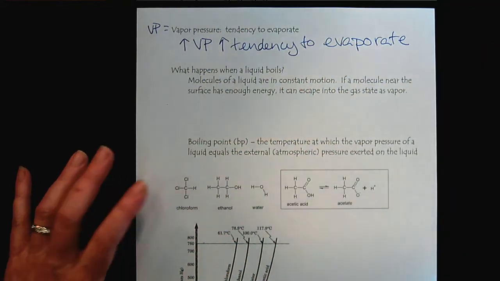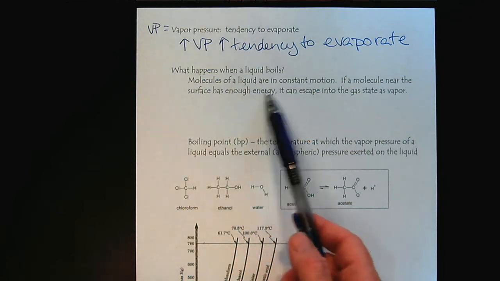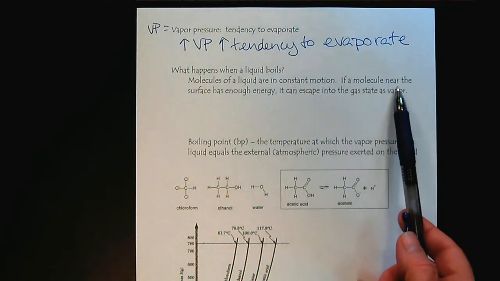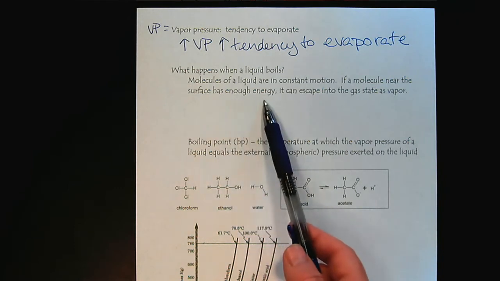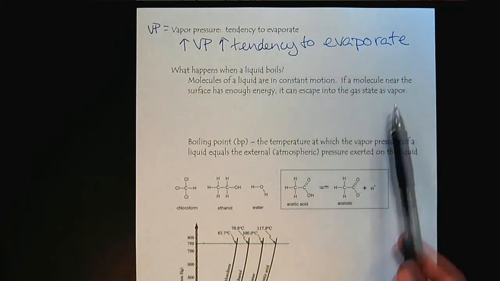All right, so now let's tie this all together to connect what's happening with intermolecular forces and the resulting boiling points of pure substances. The molecules in the liquid are in constant motion. If a molecule near the surface has enough energy in the form of kinetic energy, it can escape into the gas state or vapor.